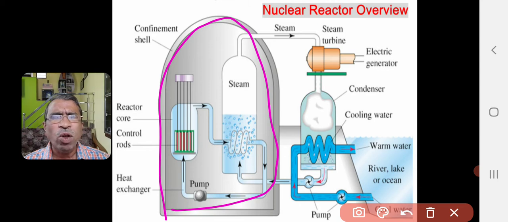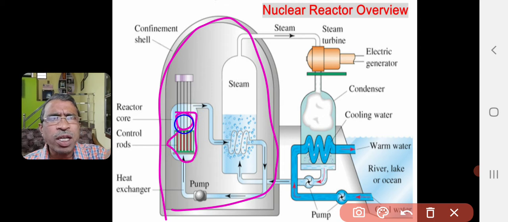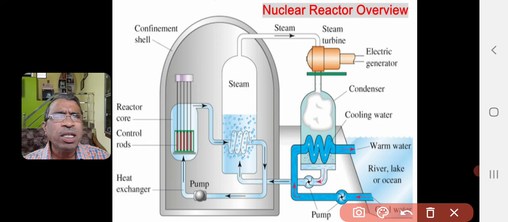Then you have the reactor core here, which has the control rods, and the heat produced in this reactor core is taken out and passed into another chamber.